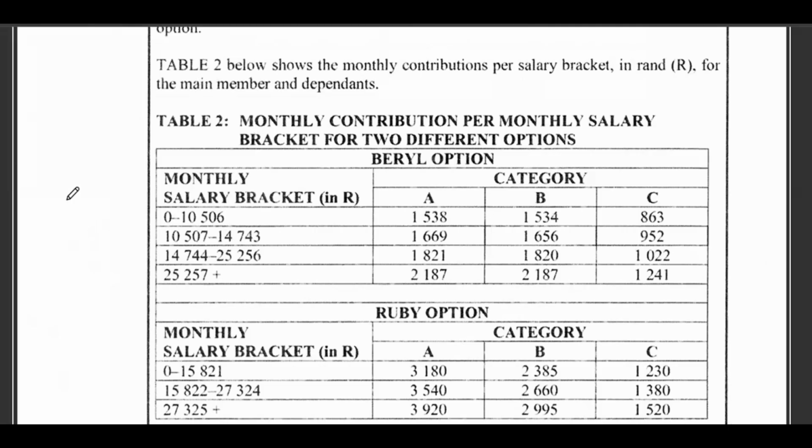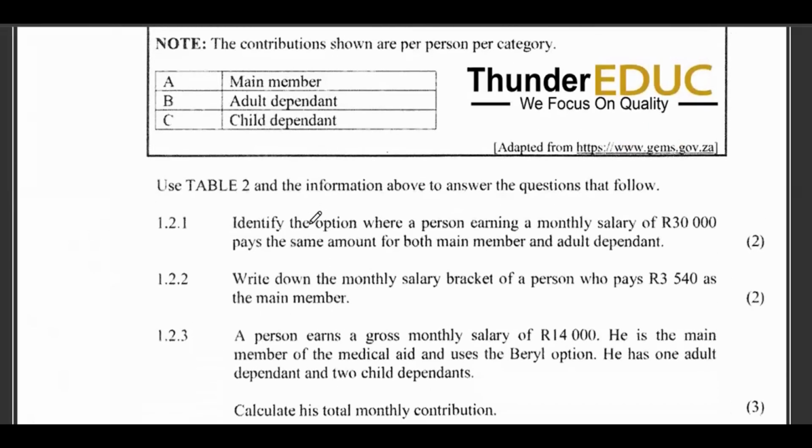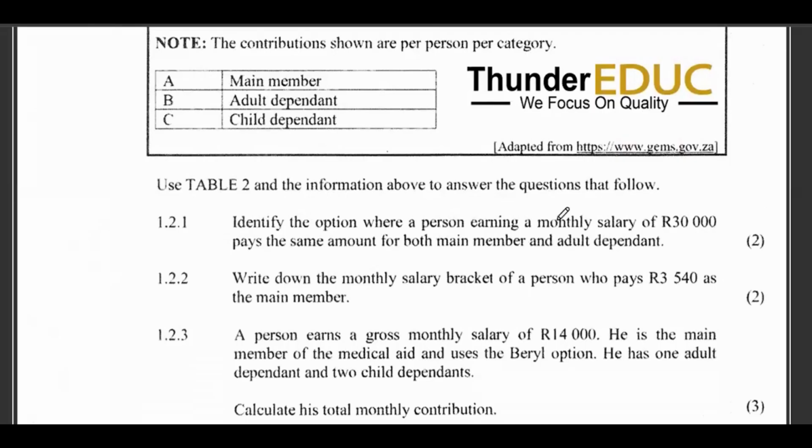So let's go down there. Identify the option where a person earning a monthly salary of 30,000 pays the same amount for both the main member and the adult dependent.